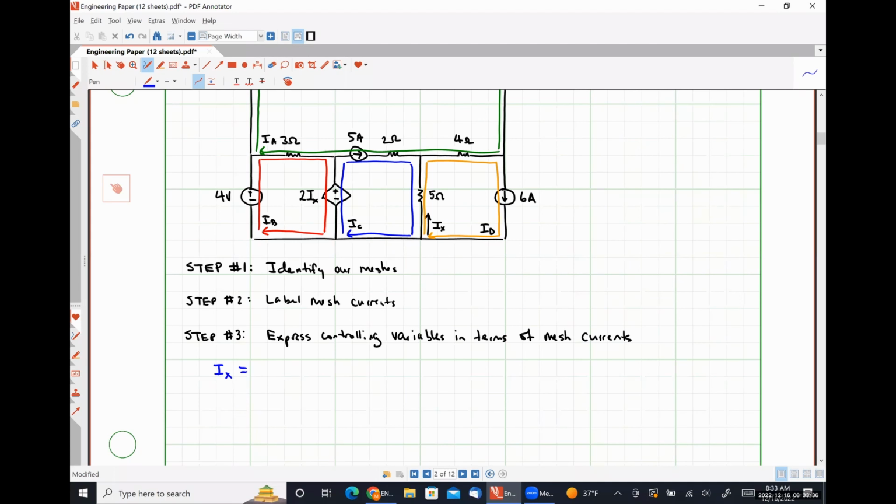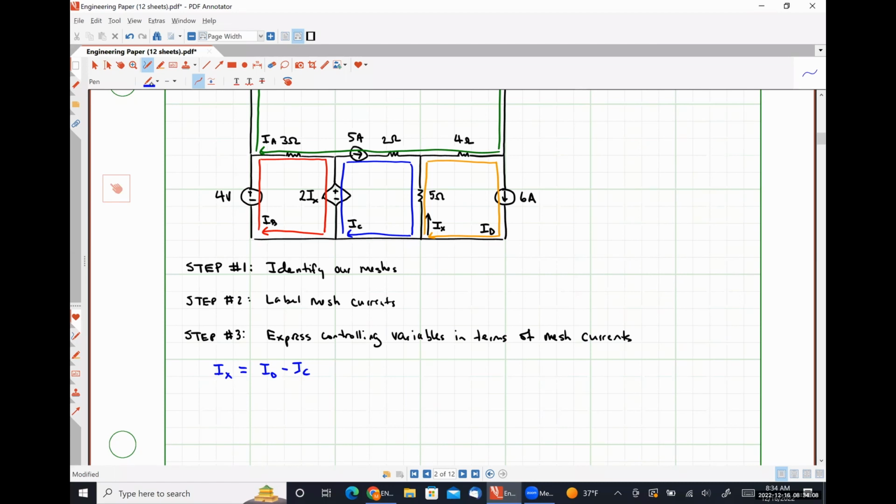You could, but we're going to handle that next. So that's a fantastic thing that Kevin is asking about. So I'm going to write this down. IX is equal to ID minus IC. The reason for that is that ID is in the same direction as IX as it flows around its clockwise path. IC is in the opposite direction as IX as it flows around its clockwise path. Things in the same direction get plus signs, things in the opposite direction get minus signs.